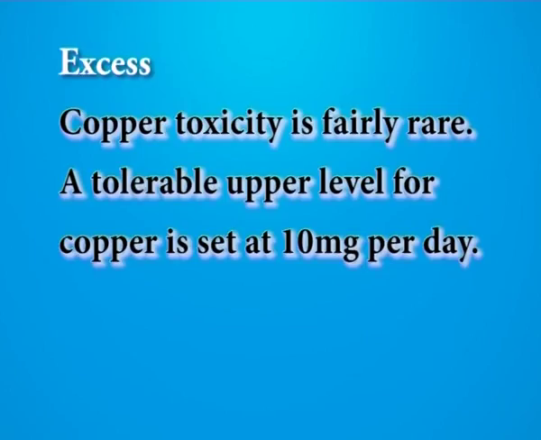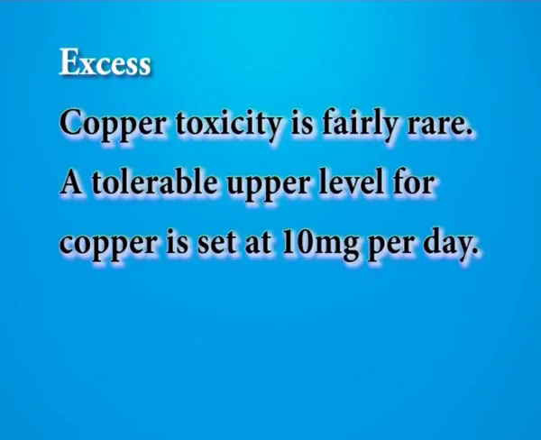The likelihood of copper deficiency increases in persons consuming excessive amounts of zinc or antacids, as well as in persons with conditions that promote increased loss of copper from the body, as occurs with nephrosis or gastrointestinal malabsorptive disorders such as celiac disease, tropical sprue, and inflammatory bowel diseases. Excess copper toxicity is fairly rare.